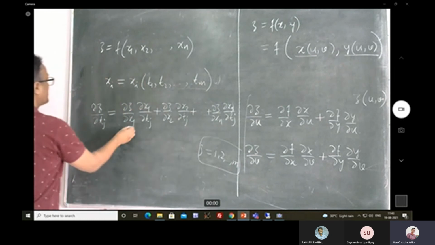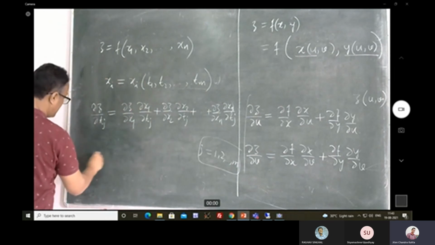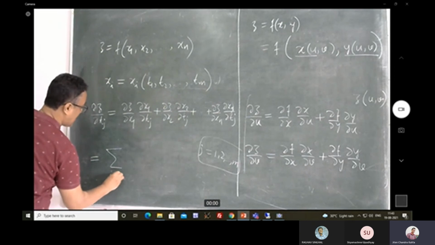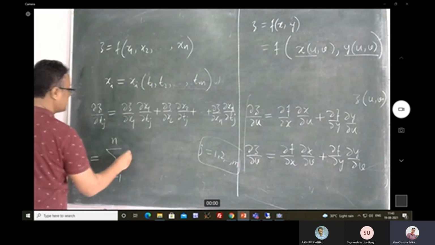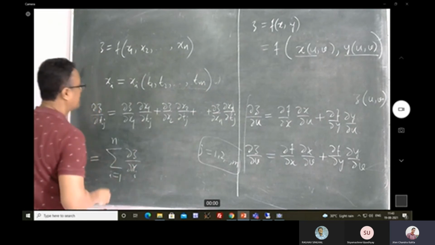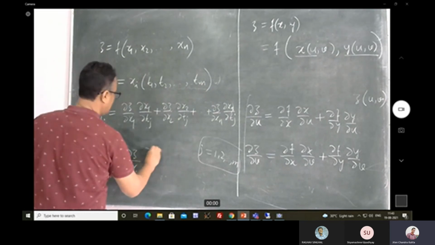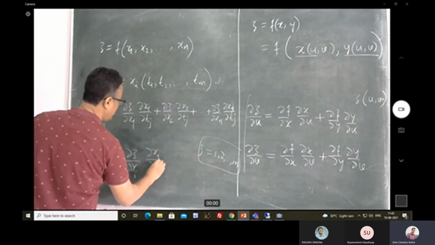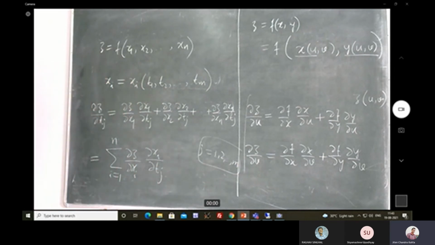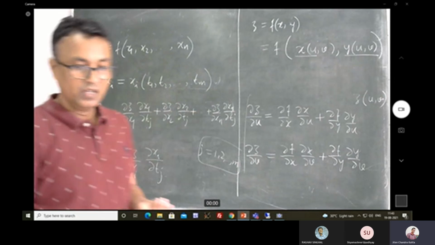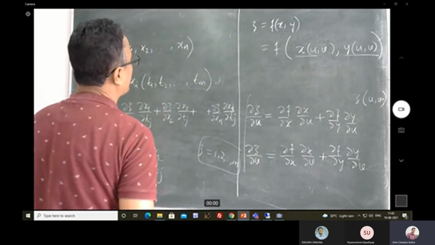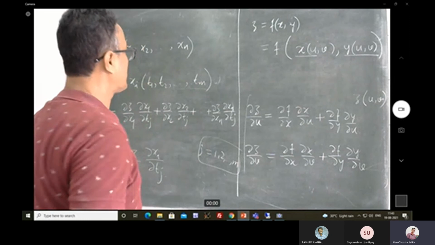Okay, and if you want to write it as a summation, you can write it as i going from 1 to n of del z del xi then del xi del tj. Of course, j going from 1 to m. Is it okay?